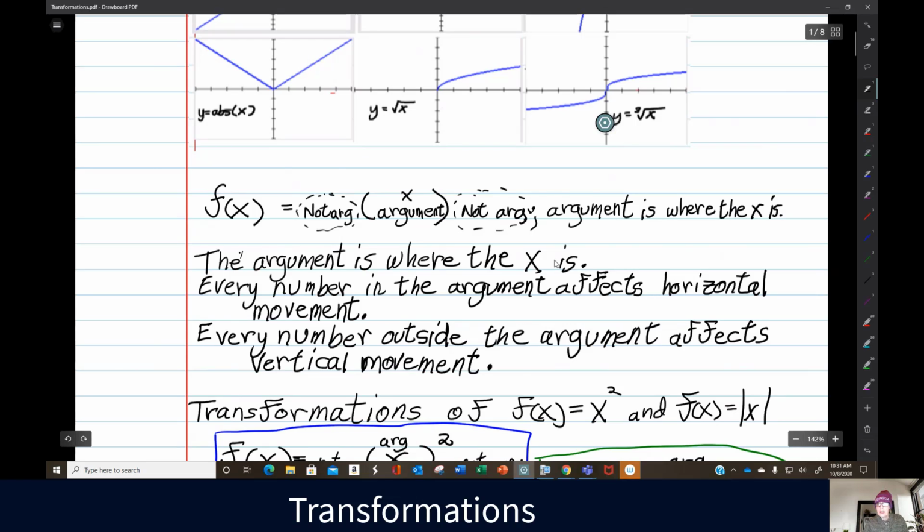So the argument is where the x is. Every number in the argument affects horizontal movement, horizontal left and right. Every number on the outside of the argument, both in front and behind, affects the vertical movement.